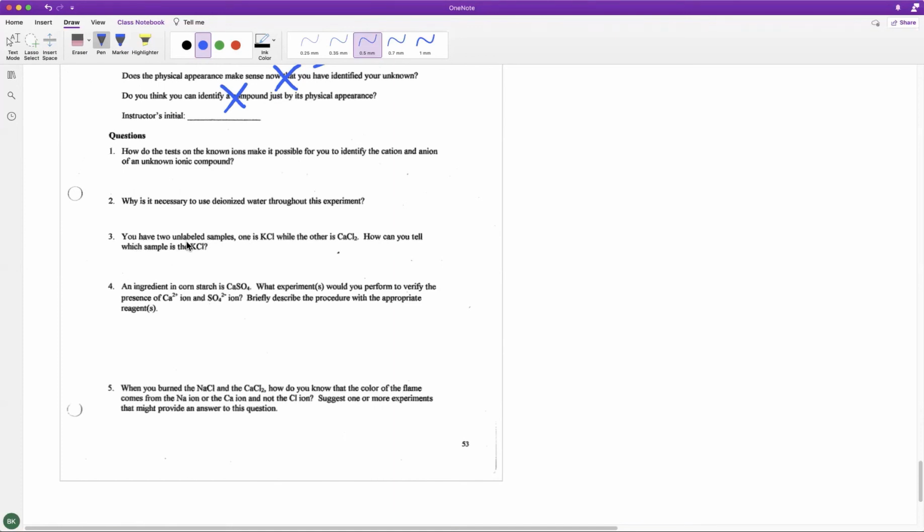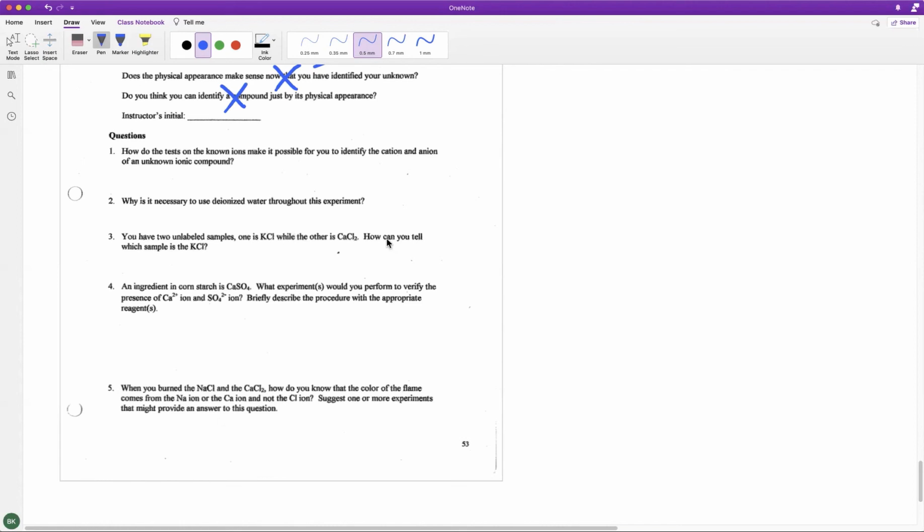All right, so for question 3, think about, you've got two unlabeled samples. One is KCl, potassium chloride, and one is calcium chloride. How can you tell which sample is potassium chloride? So notice that both of these samples contain chloride, right?